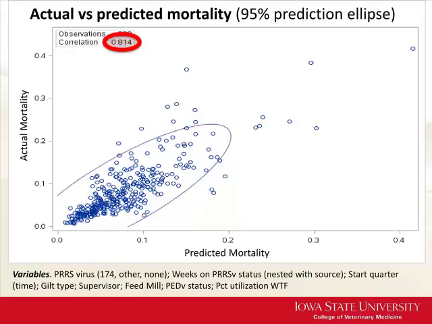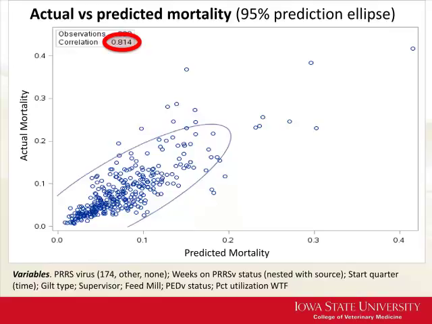So we adjusted for that. It was important, the weeks on the PRRS status, and we nested that with source. The start quarter, the year quarter, a time variable, we adjusted for that. We also adjusted for gilt type, supervisor, feed mill, PED, and percentage utilization.